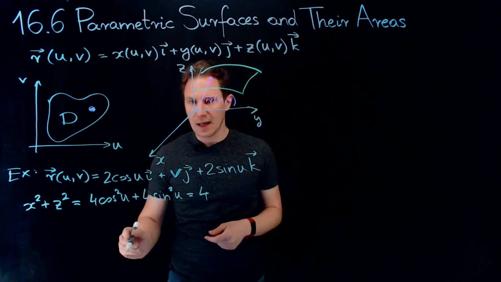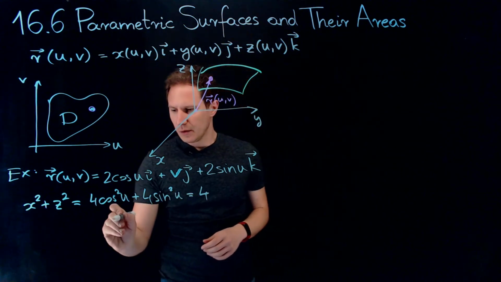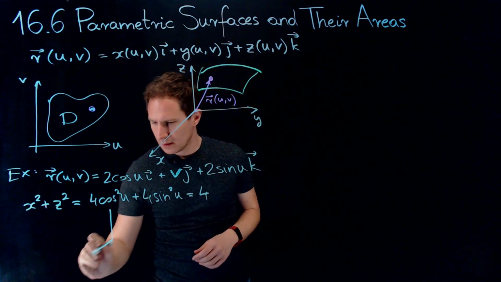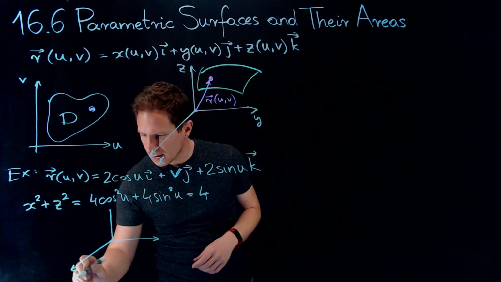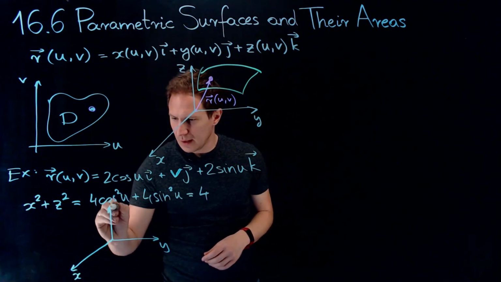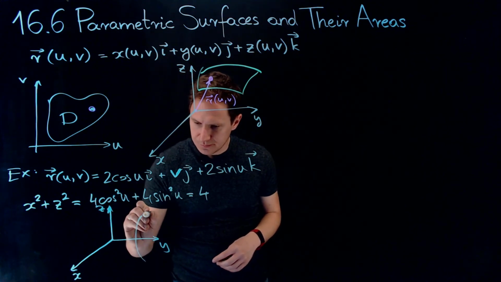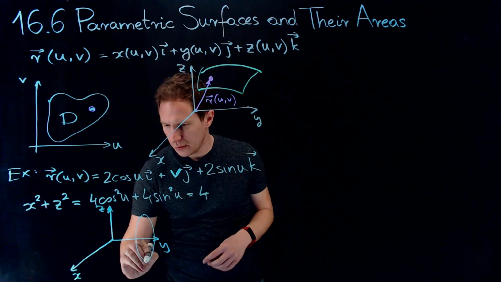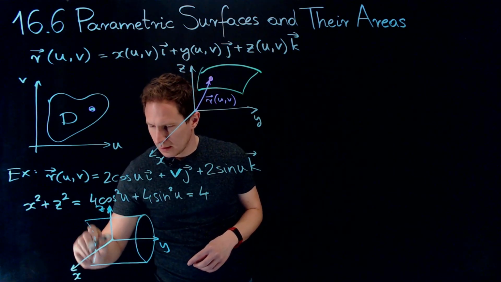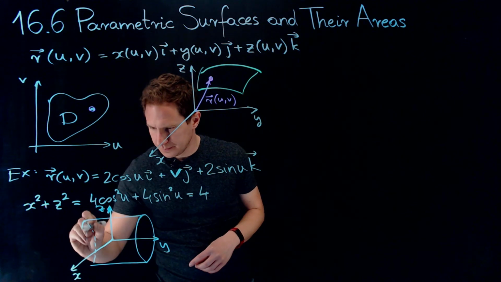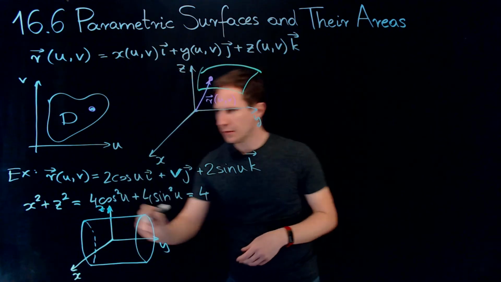So what you really have is the surface of a cylinder with its axis being the y-axis, and its radius is 2. So you get something like this.